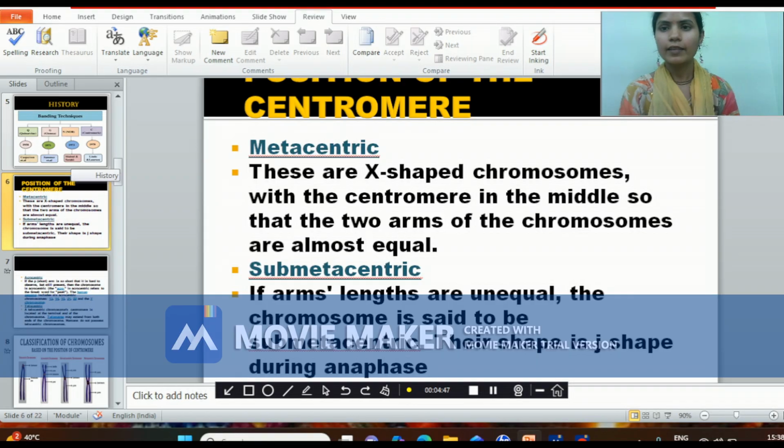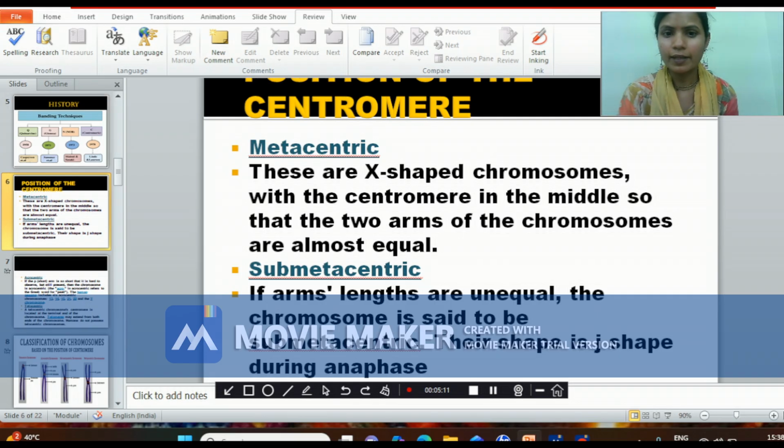In the metacentric, these are X-shaped chromosomes with the centromere in the middle, so that the two arms of the chromosome are almost equal. In this case, the centromere is in the center.